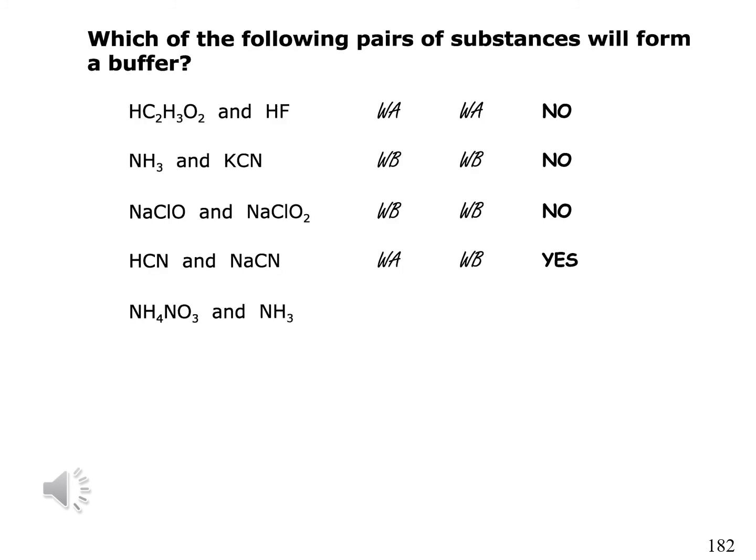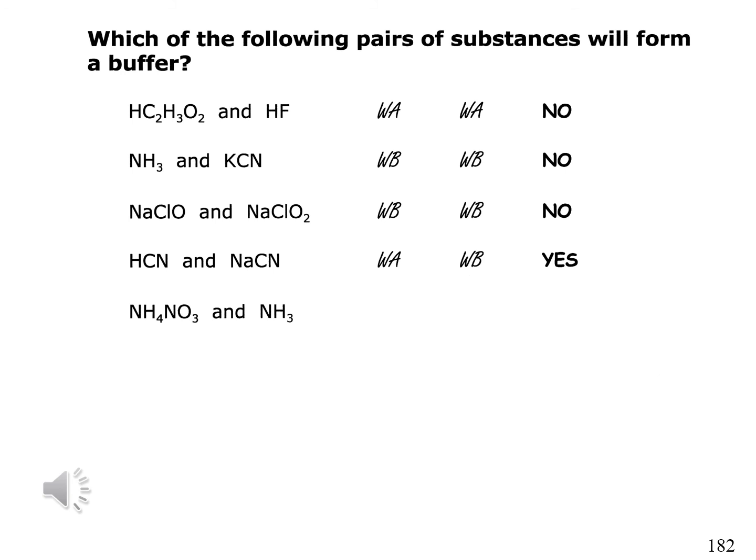This one causes a problem for a lot of people, but if you look at the substance NH4NO3, the principle still holds that if NH4 is part of a salt, it is the important part in acid-base chemistry, and the other one is just going to be a spectator because NO3 comes from a strong acid, HNO3.